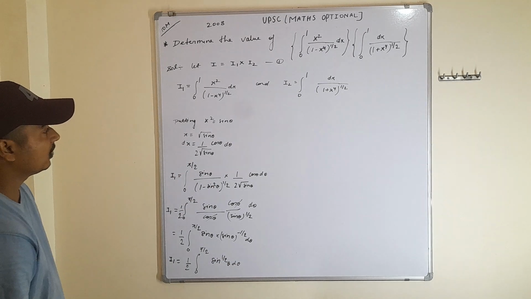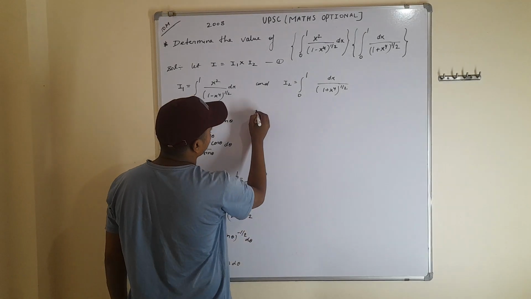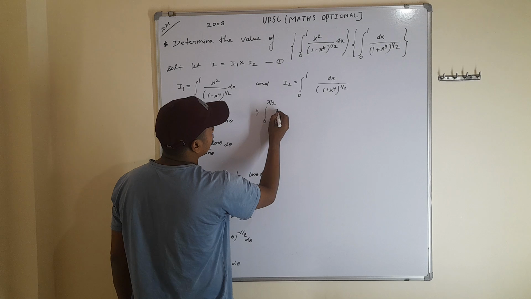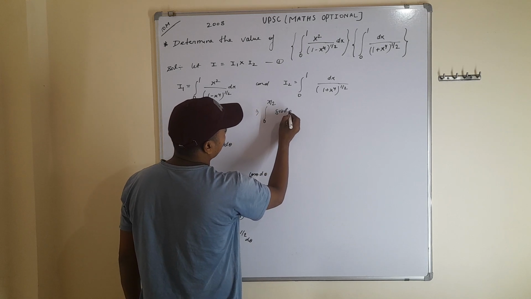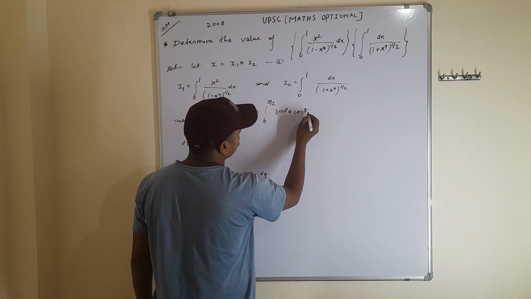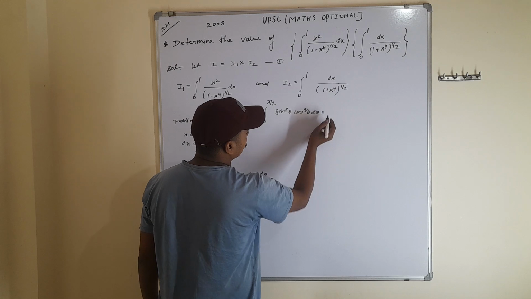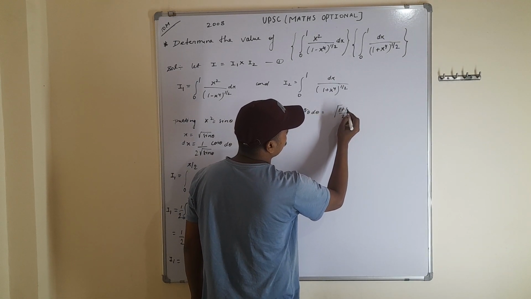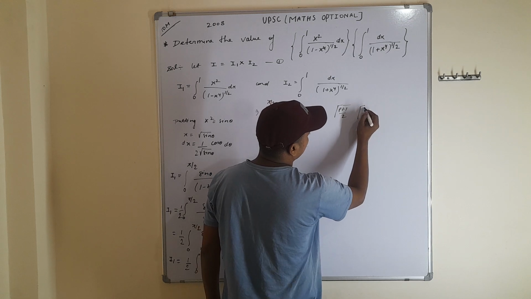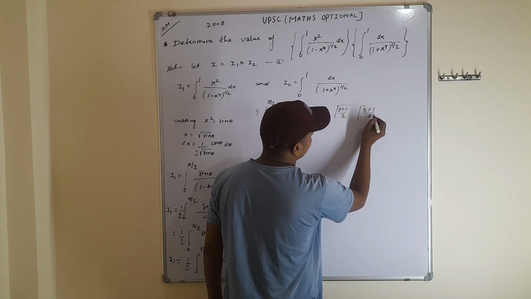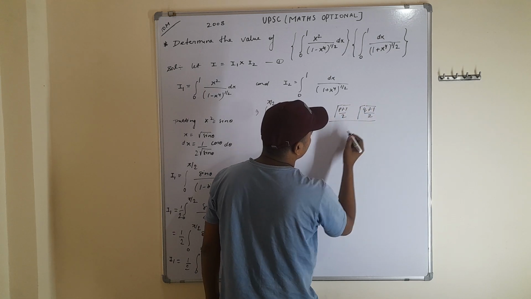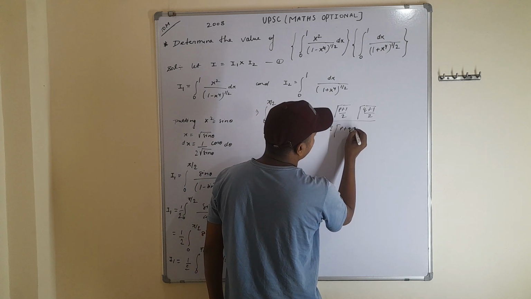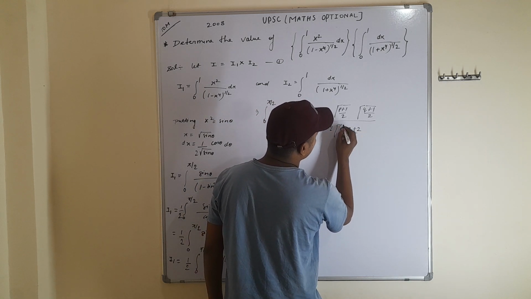Using the formula, the integration from 0 to pi by 2 of sin to the power p theta and cos to the power q theta d theta is equal to gamma of (p plus 1) by 2 times gamma of (q plus 1) by 2, upon 2 gamma of (p plus q plus 2) by 2.